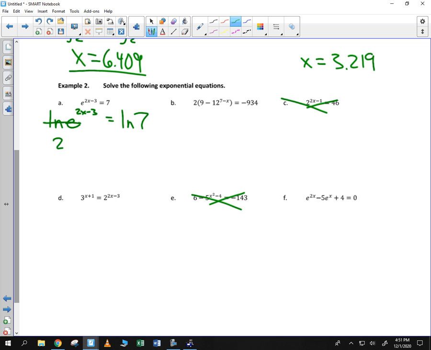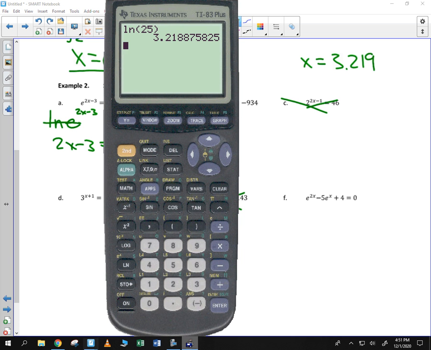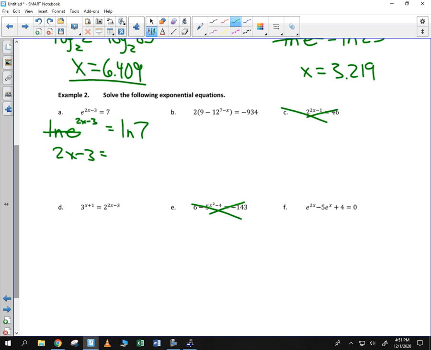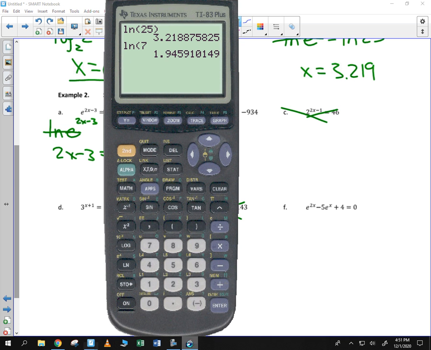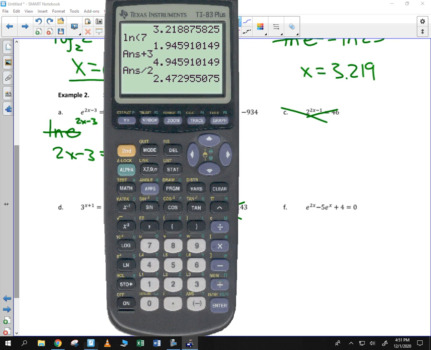Those go away, leaving me with 2x minus 3. And then I get the natural log of 7, which is 1.946. Now that I have that, go ahead and solve it by adding 3 and dividing by 2. 2.473.